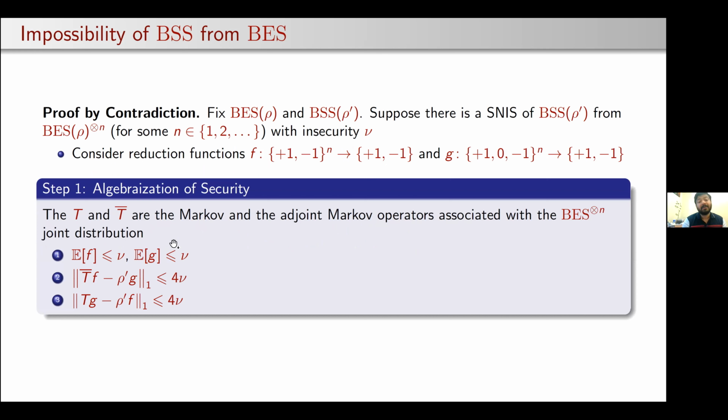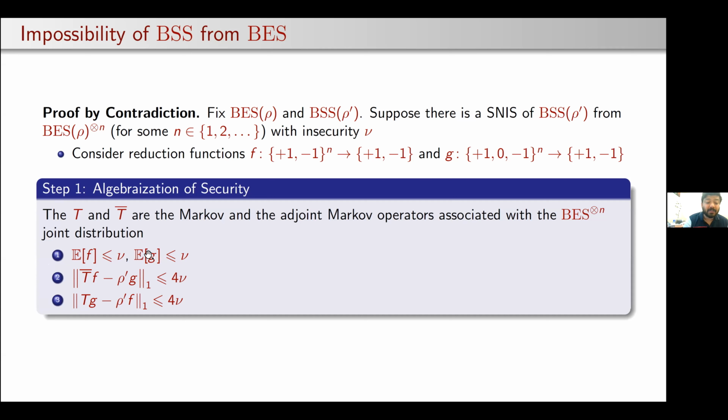The next step is to algebraize the definition of security. For the purpose of this talk, just think of these matrices T, T prime, T bar, as stochastic matrices that are defined by the source distribution. The notion of security translates into 3 constraints that basically say that the reduction function f is roughly balanced.